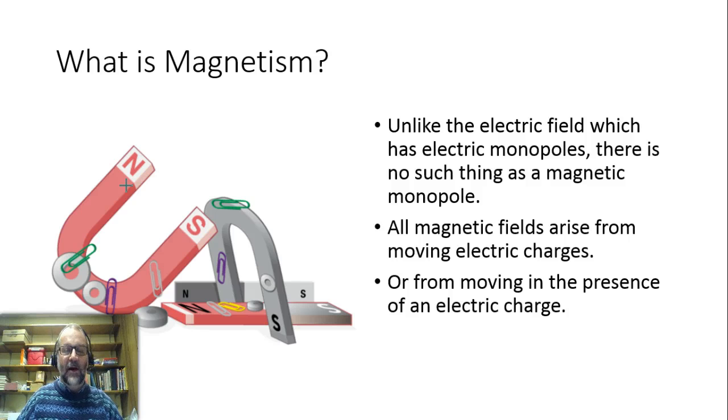We also talked about how magnetic fields arise from moving charge or you moving relative to a charge. Either works. And magnetic fields arise from the spin of an elementary particle or spinning charge, like an electron or a quark, a proton, W plus and minus bosons. You get a magnetic field from those.